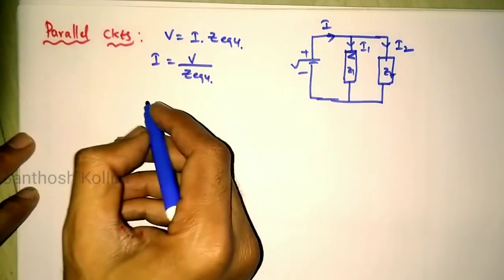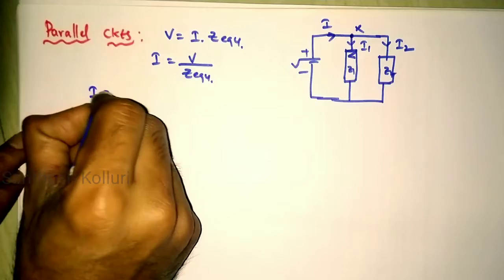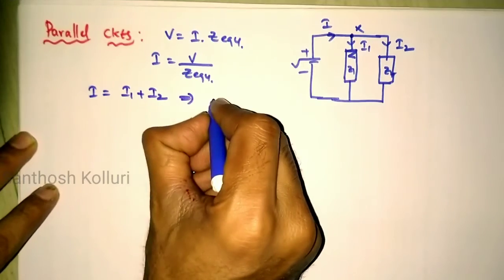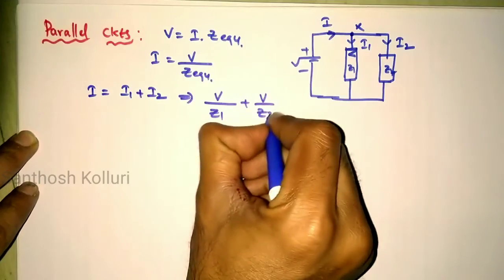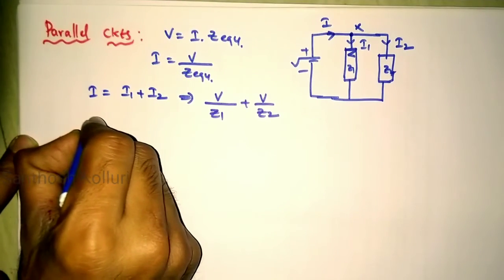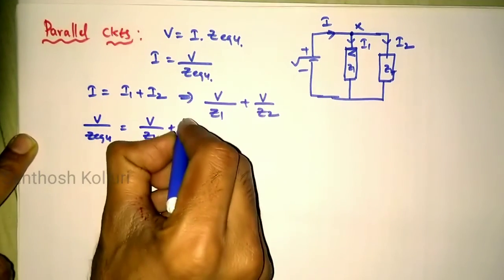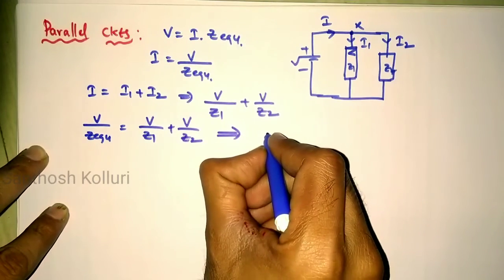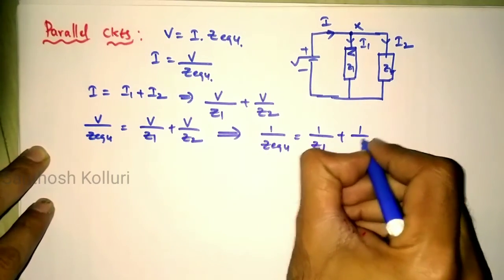By KCL applied at a particular node X, the total current I is equal to I1 plus I2. So it can be written as V by Z1 plus V by Z2. I can also be written as V by Z equivalent. So V by Z equivalent is equal to V by Z1 plus V by Z2. Taking V common, 1 by Z equivalent is equal to 1 by Z1 plus 1 by Z2.